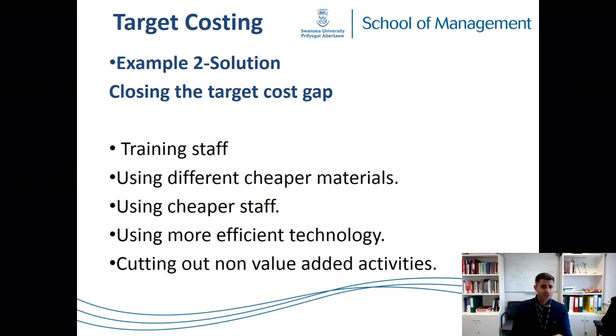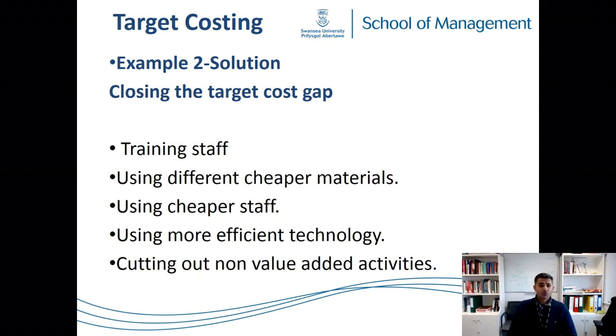Maybe if you train staff, the operation will be more efficient, and of course more efficiency reduces labor time, for instance idle time. We also look at more efficient technology. Technology plays a big role nowadays in order to reduce waste, material waste, and also the time to produce the units.